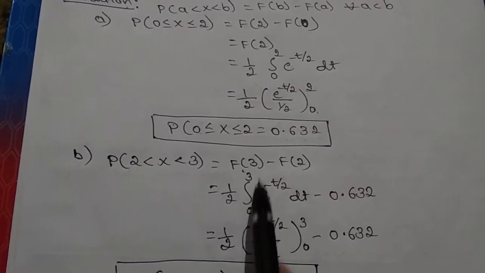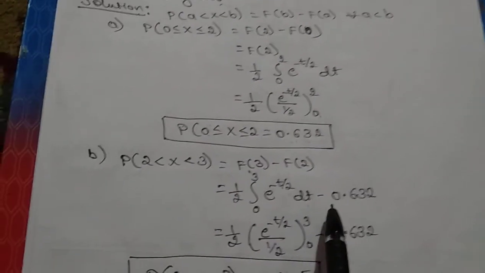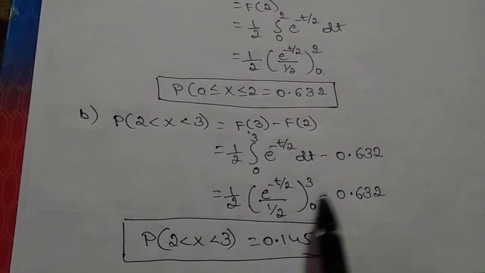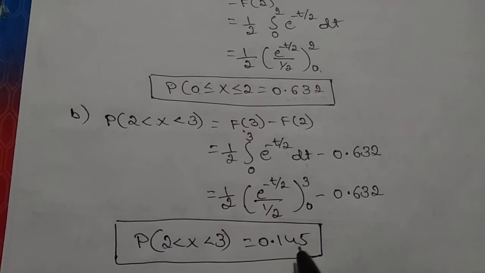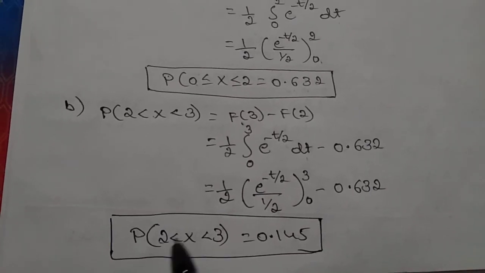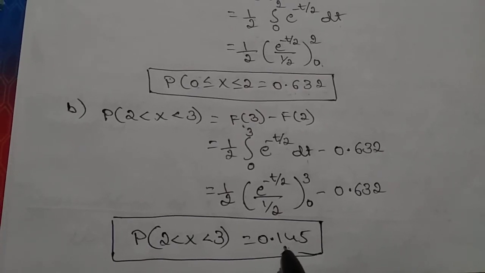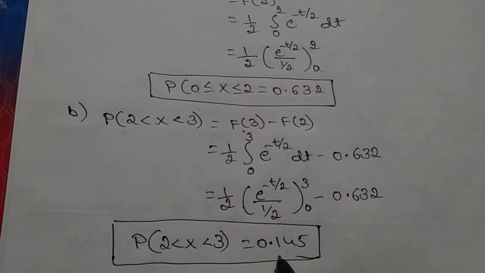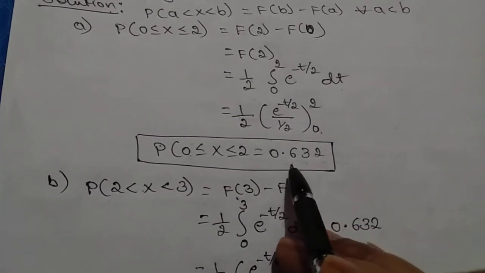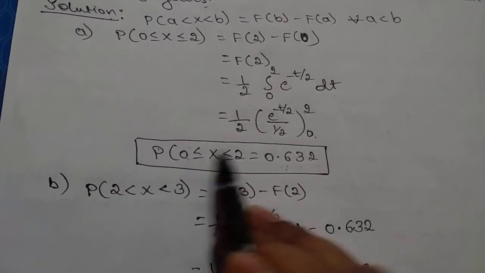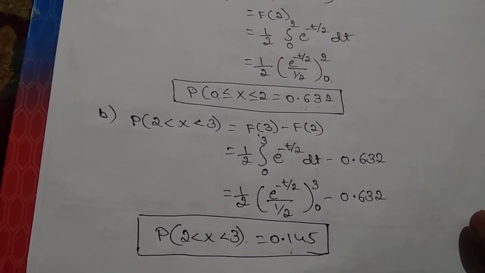So half integral 0 to 3 of e power minus t by 2 dt, it is given over here, then minus 0.632. If you equate this 0 to 3, you will get 0.145. P of 2 less than x less than 3 is equal to 0.145. This is the probability for in between 2 to 3 years, and this is the probability for less than 2 years. This is how we have to do the cumulative distribution function.